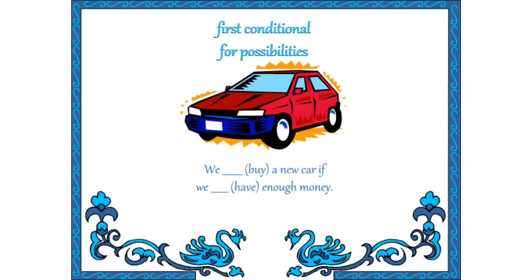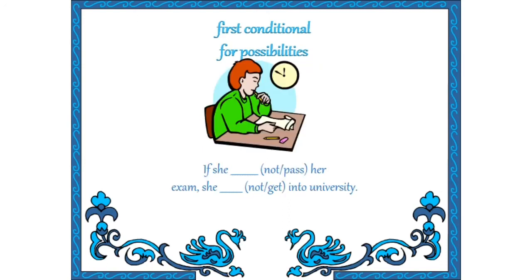We buy a new car if we have enough money. And here, what's the correct answer? If she not pass her exam, she not get into university. And here, what's the correct answer?